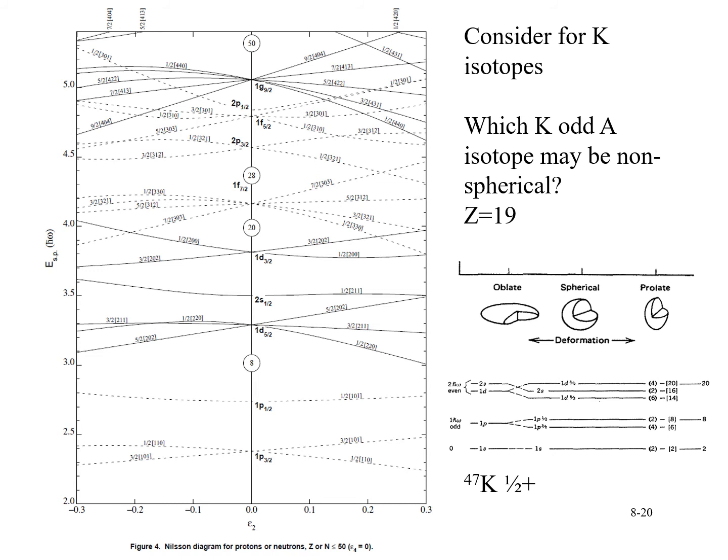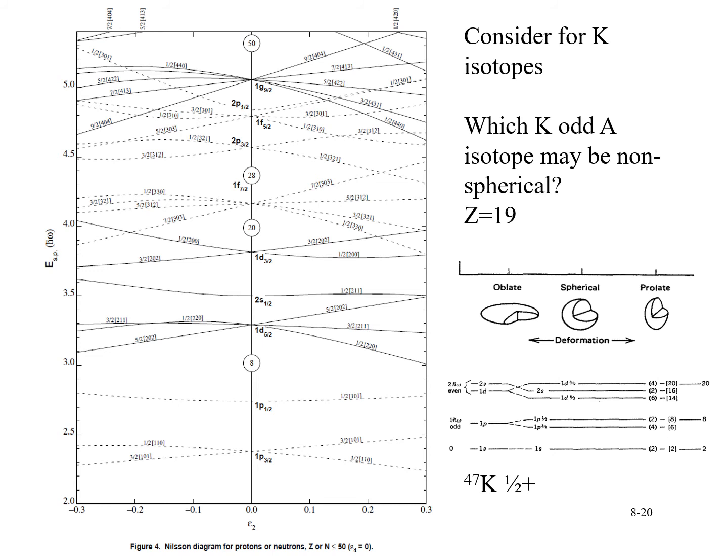We can do another example for potassium isotopes. Let's consider odd A potassium isotopes, so the unpaired nucleon is a proton. Potassium has 19 protons. From the shell model, the 19th proton lives in the 1d 3/2 state.